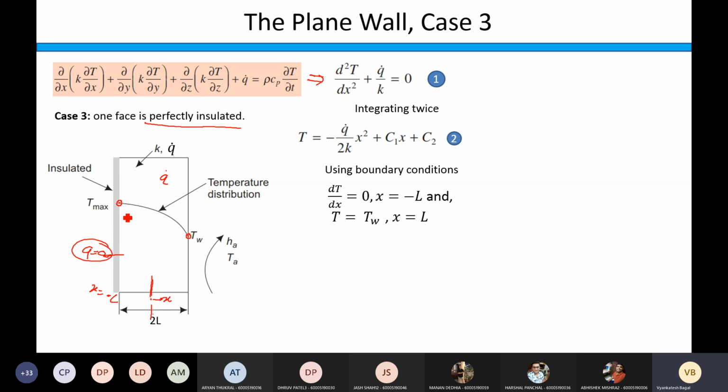Right? So if I reach this point, the slope of this temperature distribution curve must be 0. So if I draw a tangent at this point, which represents this gradient dT by dx, this must become 0. So it means this tangent must be horizontal, right? So at x equal to minus L, dT by dx is equal to 0. This is the first boundary condition here.